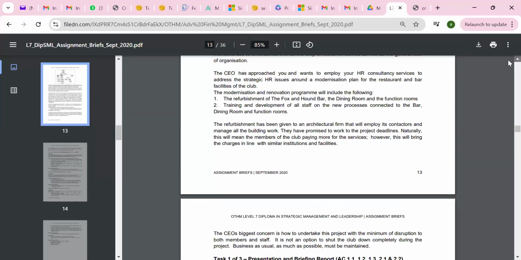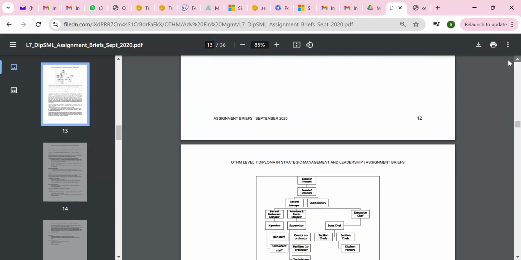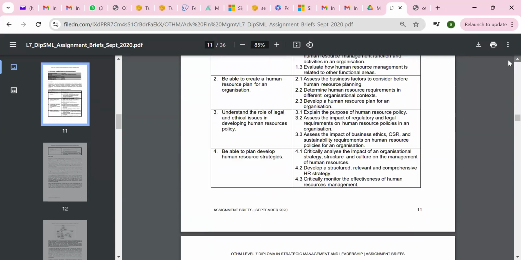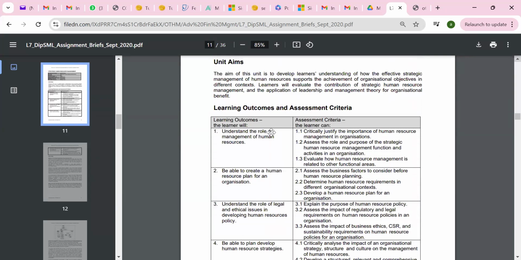During our lessons, we learned about our LOs. LO1 was about understanding the role of management of human resource. We discussed what is meant by human resource, the functional role of human resource in our organization, and how these impact.